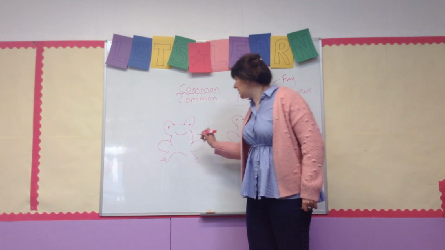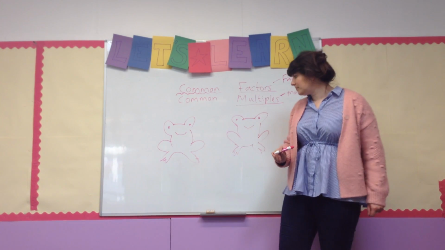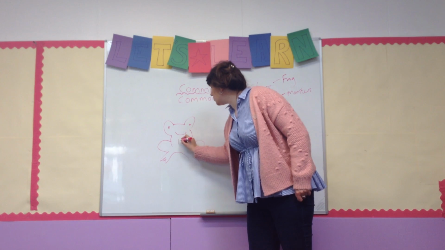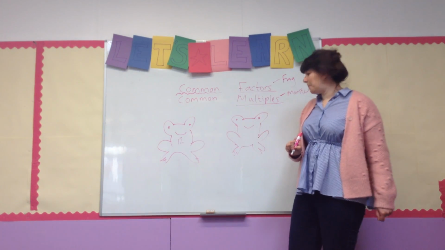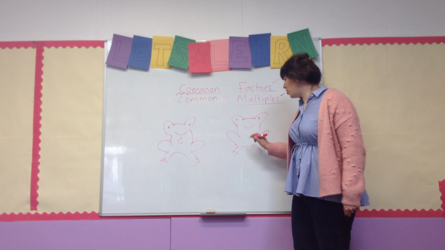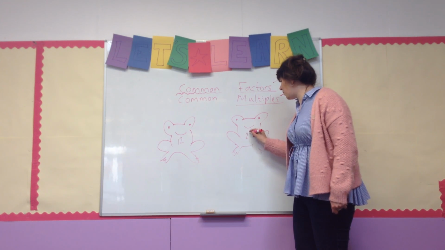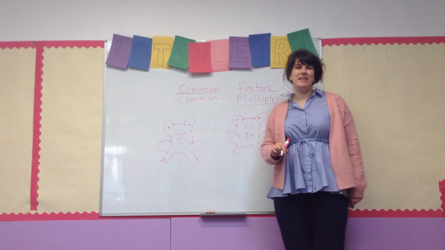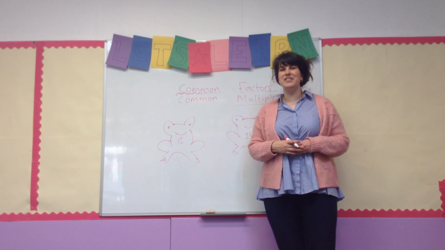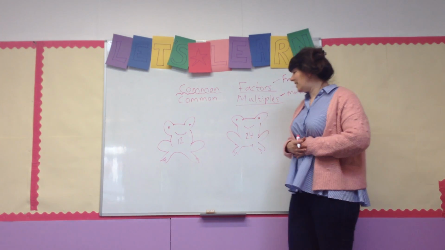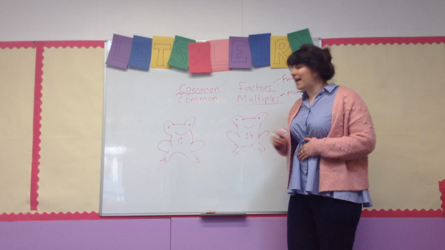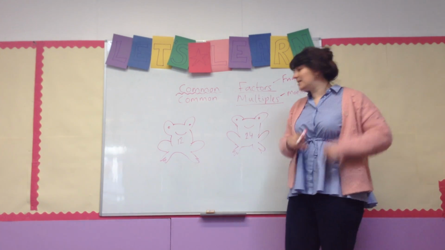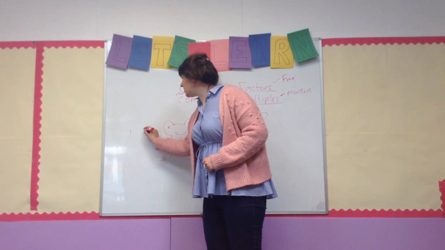So if I put into this frog the number 12 and I put into this frog the number 24, I'm going to be thinking about numbers that come up that are the same in both. So let's have a little look. 12. Which numbers can jump inside it? Well, remember, factors come in pairs.